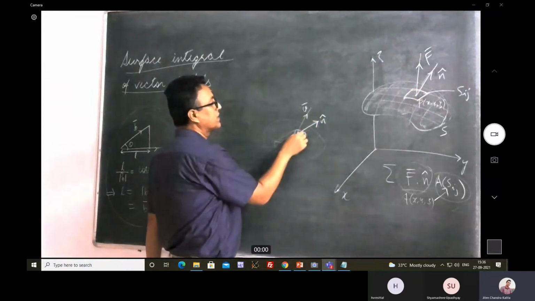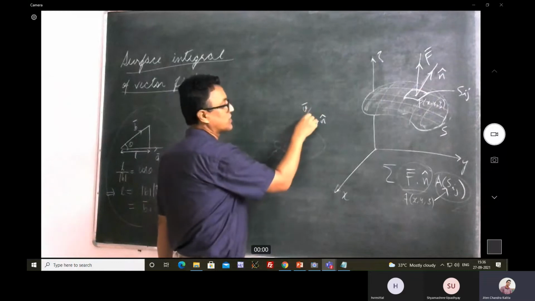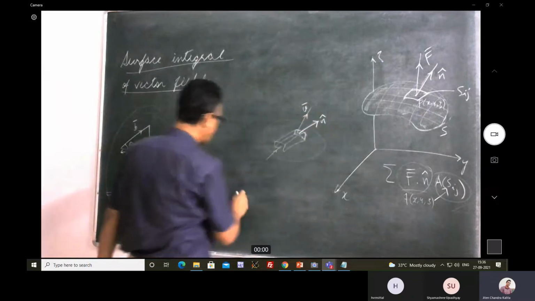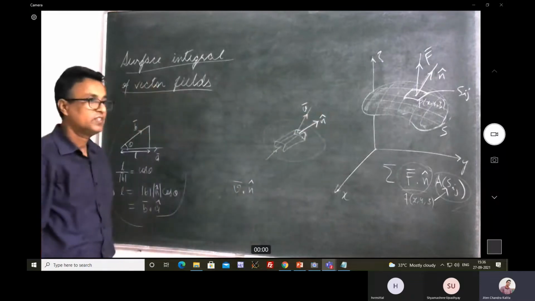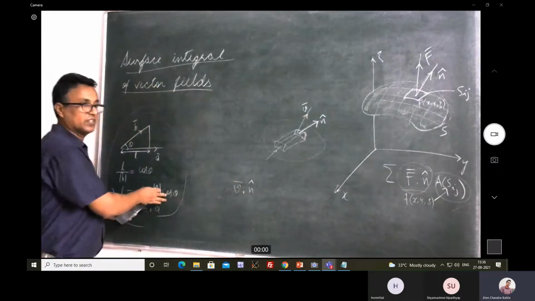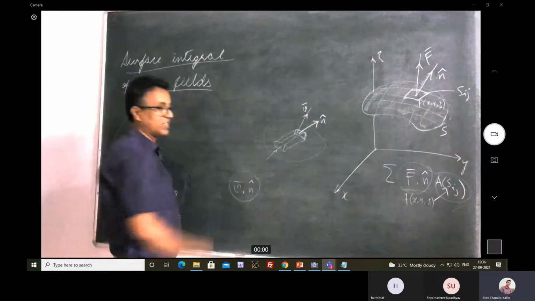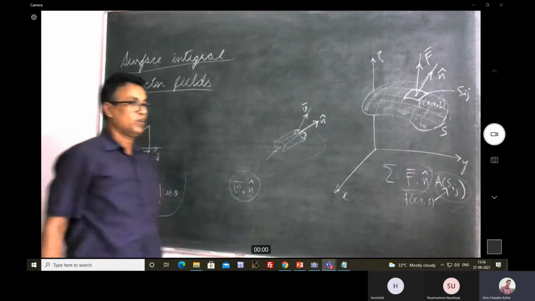Then if I want to compute the component of this velocity along this direction, that is simply going to be v dot n cap. Just like this. Now this is velocity, so this is simply a scalar quantity. This is the component of velocity.